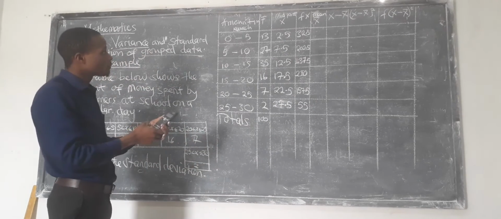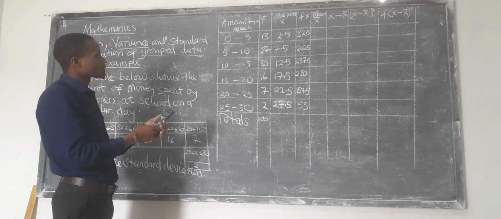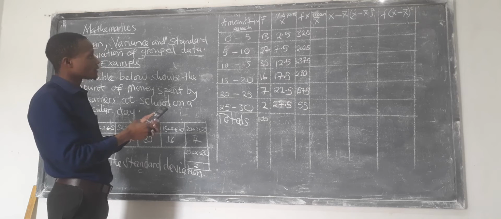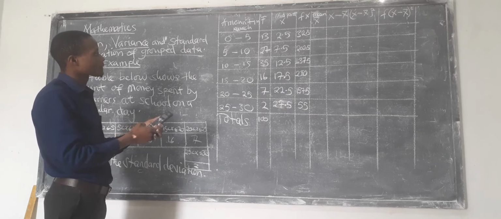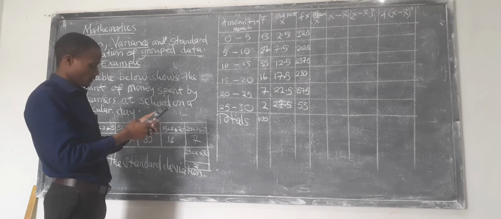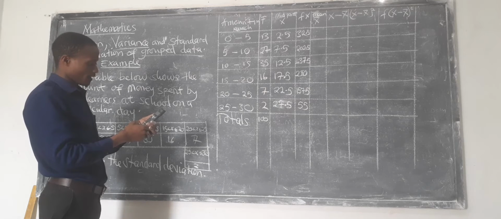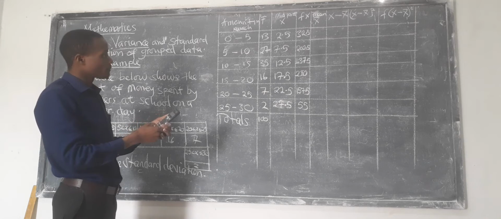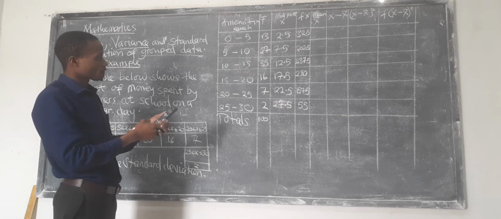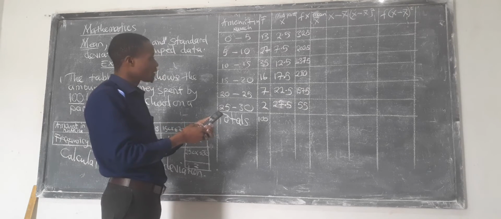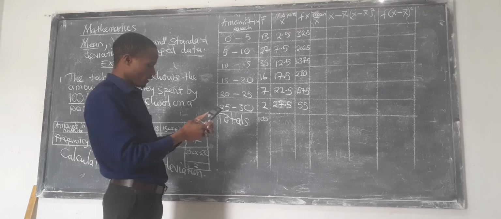So we add now the fx. We have 32.5 plus 202.5 plus 437.5 plus 280 plus 157.5 plus 55.